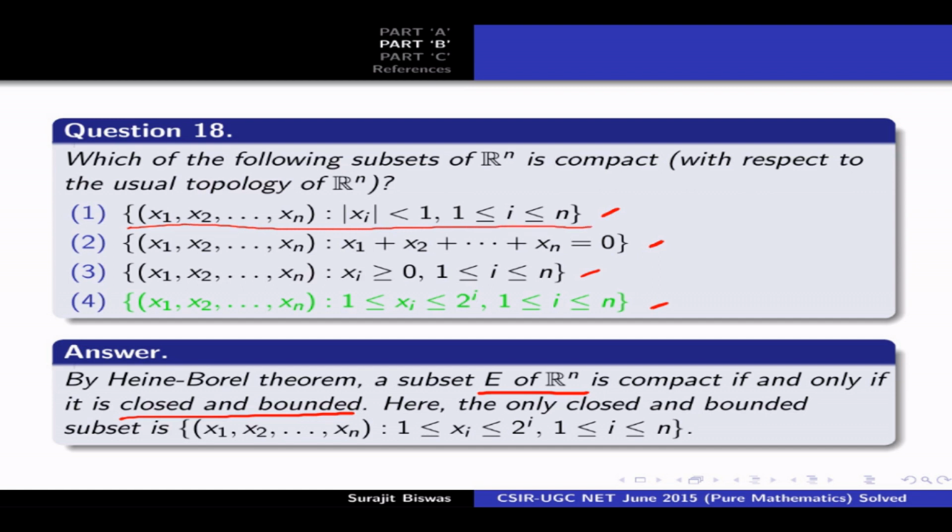It is open and bounded, but it is open, not closed. The second set is not bounded, the third set is also not bounded, and only the last set is both closed and bounded. So therefore the correct option is this by the Heine-Borel theorem.